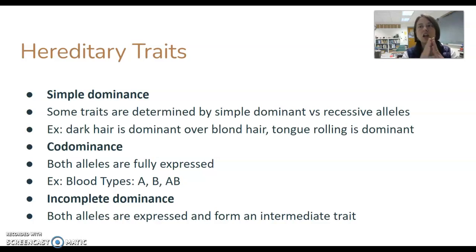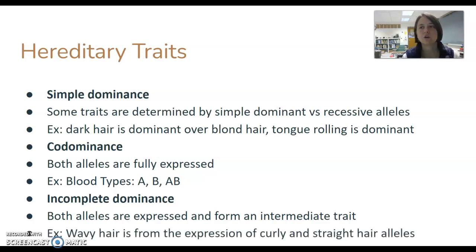So the trait you get is in between. So if you had black feathers and white feathers, you would get gray feathers. Another example is wavy hair, when curly hair and straight hair are both expressed. You get something in between. You get wavy hair.